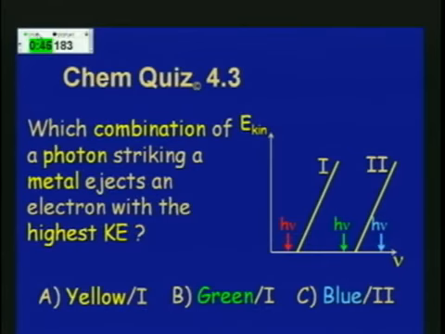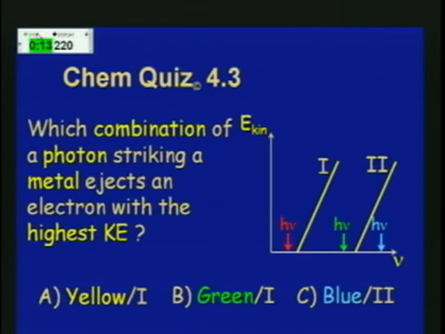45 seconds. We're halfway home. $11 more. Don't forget to chime in.